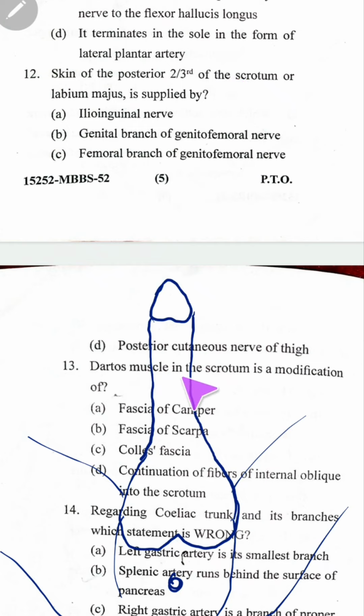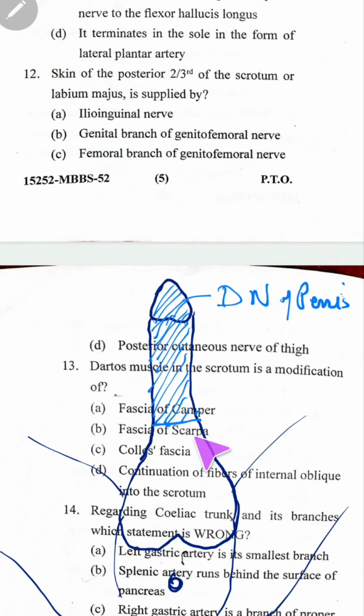So remember the dorsal nerve of penis. The dorsal nerve of penis supplies the cutaneous supply to the glans and the skin covering the entire shaft of penis. All this is by dorsal nerve of penis, which itself is a branch of pudendal nerve.